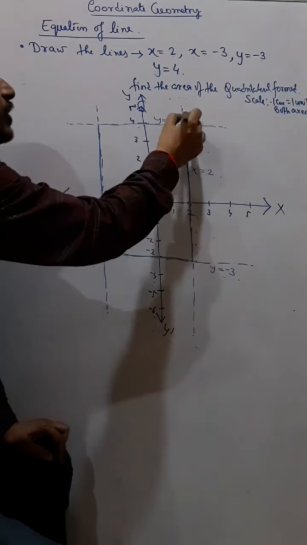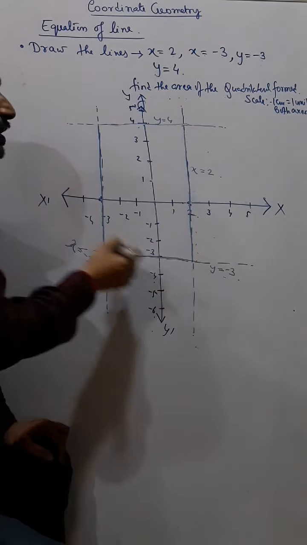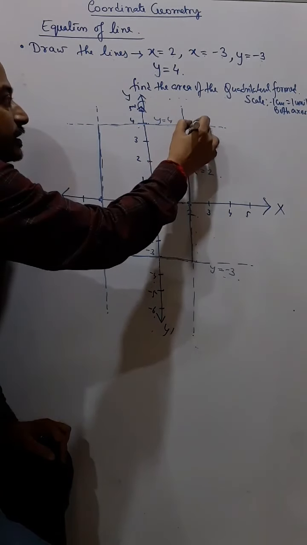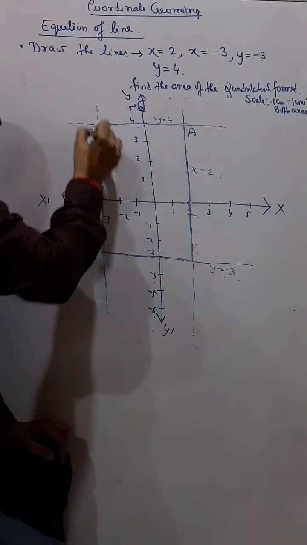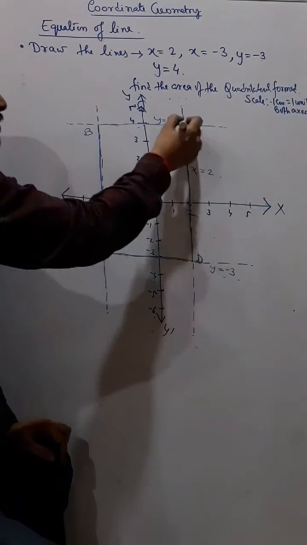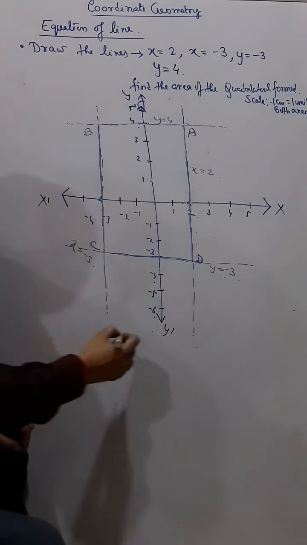Okay, now you have to find the area of this part. Now if I say this is A, B, C, D, we have to find the area of this quadrilateral.